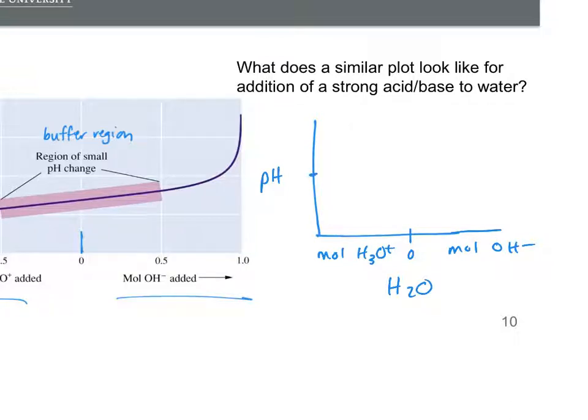Initially, if we have just pure water, our pH will be 7. When we add hydroxide, we will see the pH increase quite quickly. And when we add hydronium ion, the pH will decrease quite quickly.